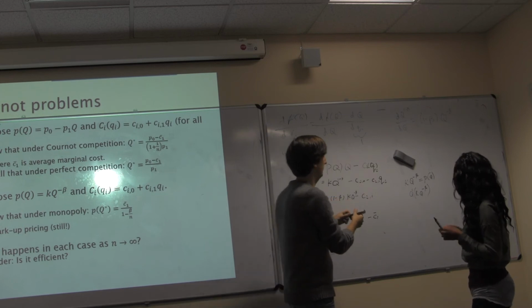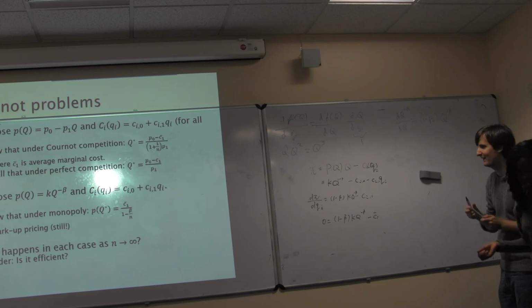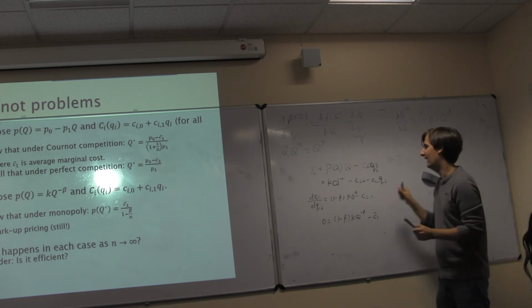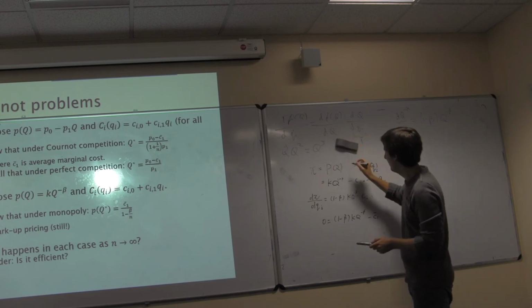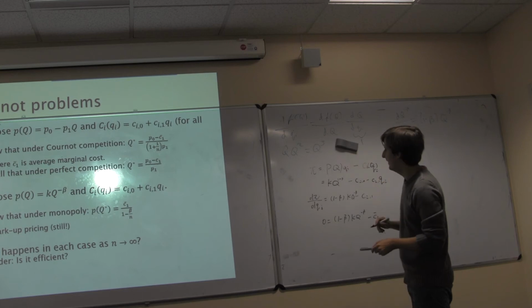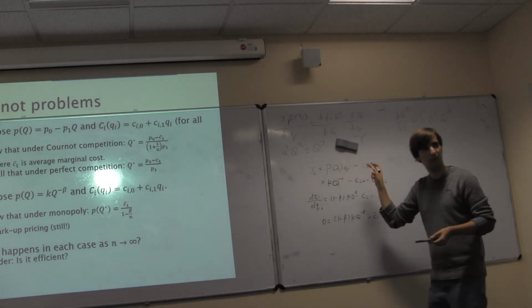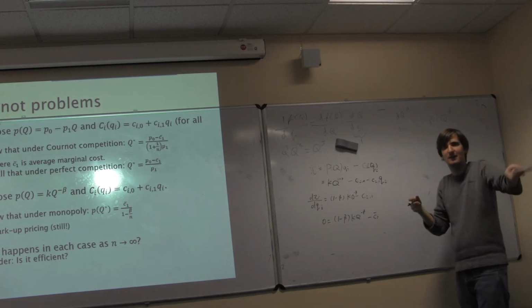Oh, okay, so that wasn't the mistake. Sorry, don't worry. It's good to clear these things out. Is it that big Q should be a little q? Yeah, exactly. So for profits, the price is the market price, but what matters for profits is my quantity. It doesn't matter how many units you sell.